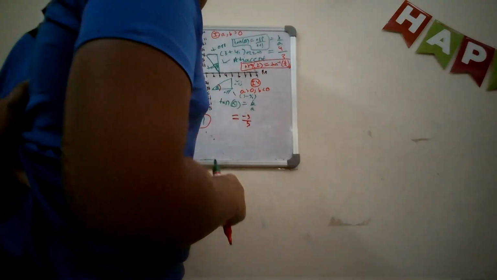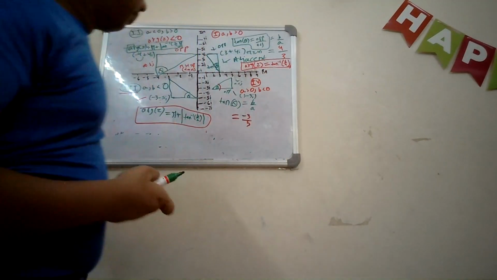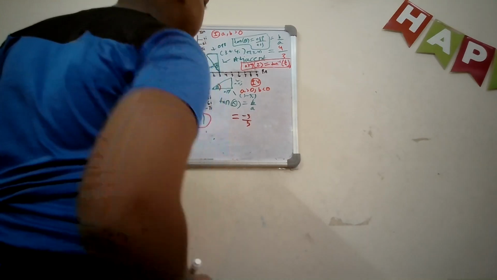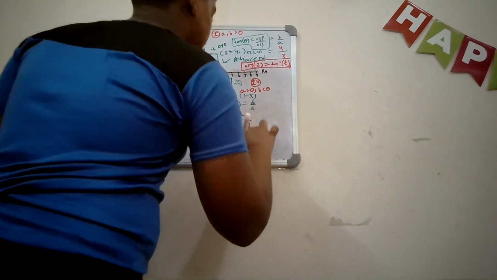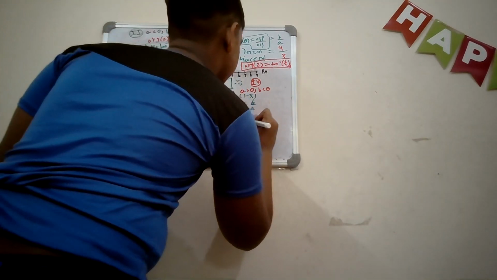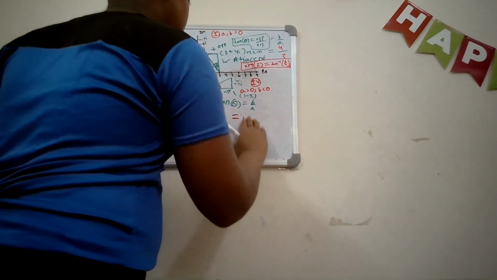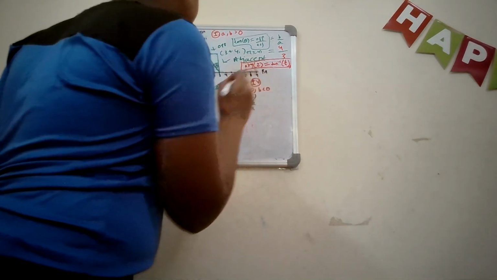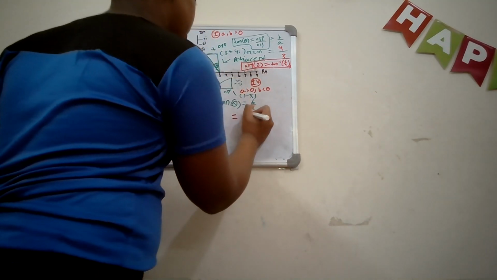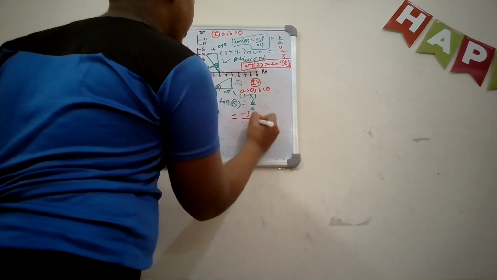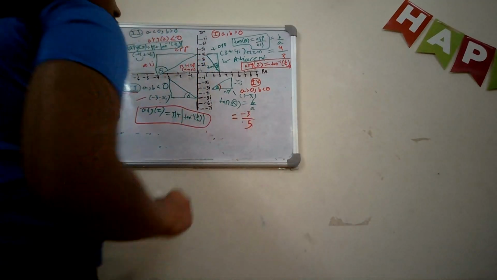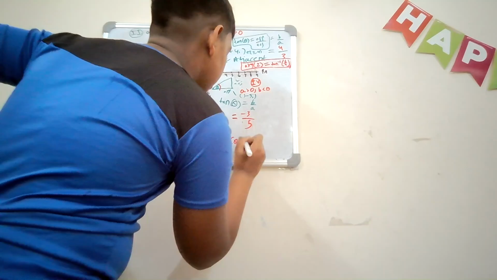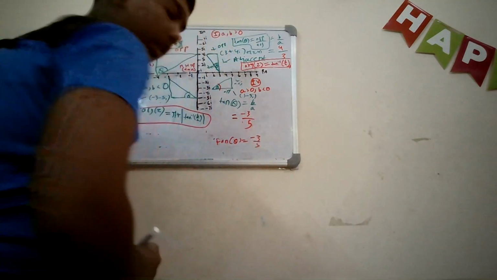Alright, so where was I? Yeah, quadrant 4. So in this case, tan of theta would be imaginary part over real part. So we will get tan of theta to be negative 3.5.